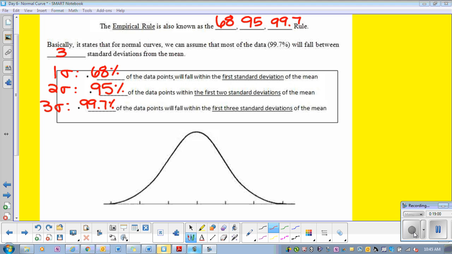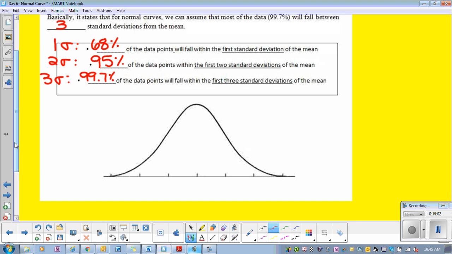Alright, so what does that mean? Well, there's my mu, right? Now, 1 and 1. 1 standard deviation, that's approximately 68% of your data.